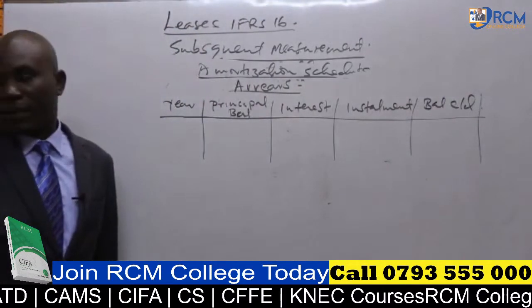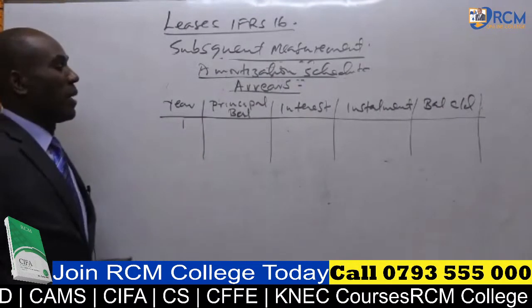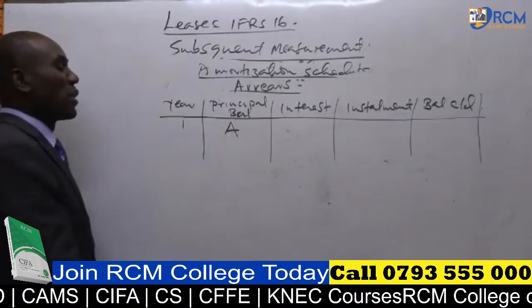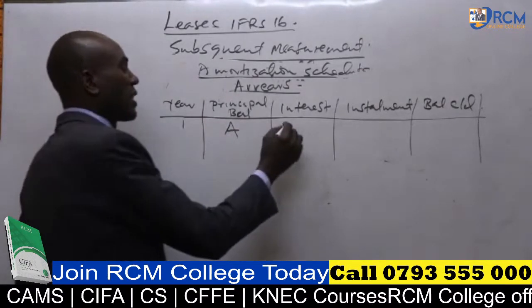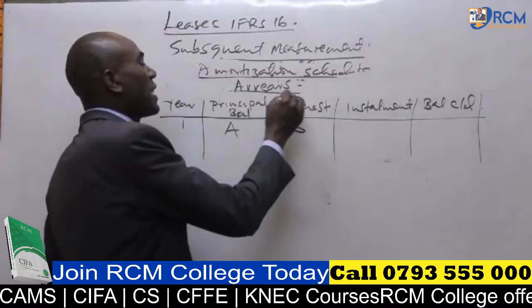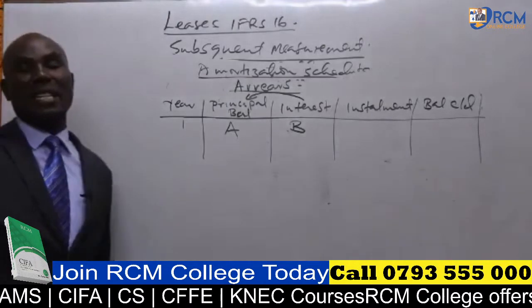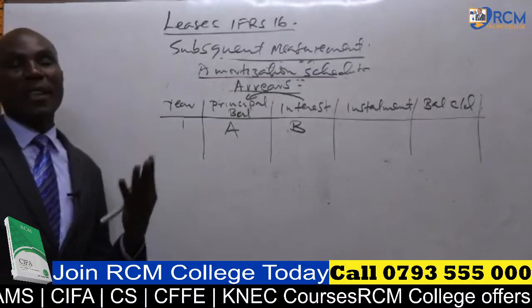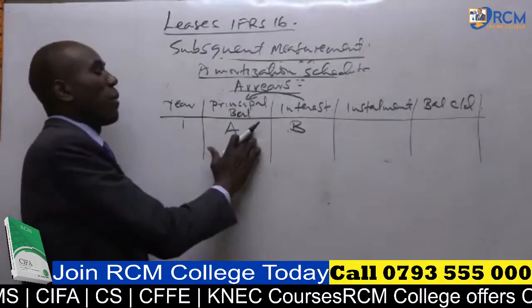Okay, like here in year 1, my principal balance, let me put A. Interest, let me put B. This interest we charge on this principal balance, the interest implicit in the lease. How much are we charging at the market rate, the interest in the lease? We charge it on the principal balance.